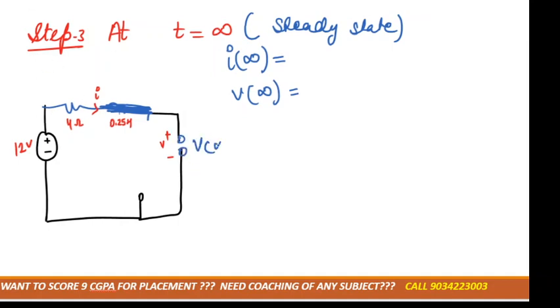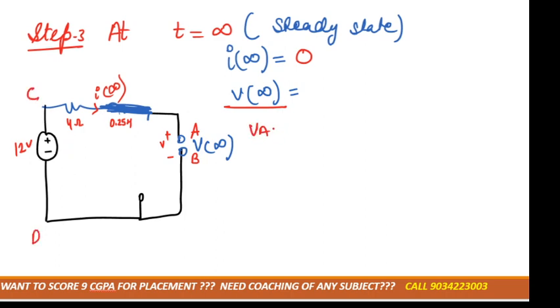So as you can see, if there is an open circuit, will current flow through it, yes or no? What would be the value of I infinity here? It is an open circuit, so 0.